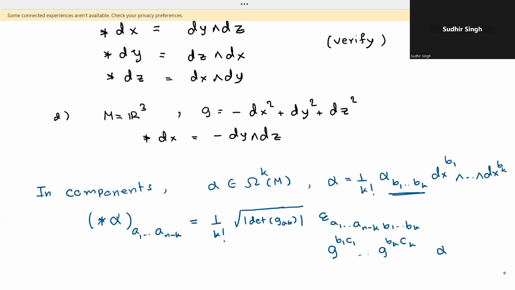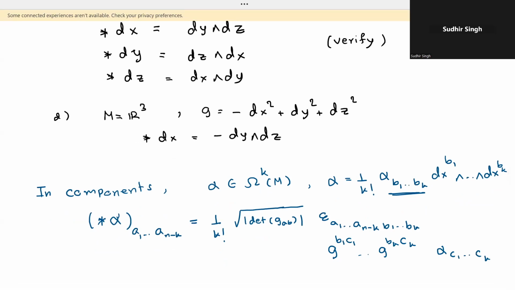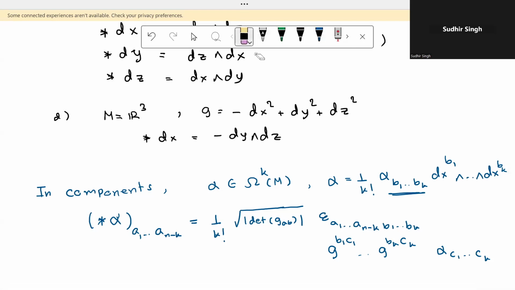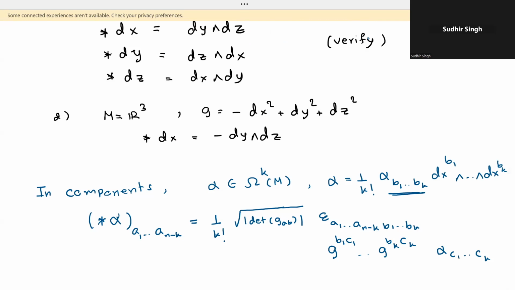So the components of the Hodge dual are related to the components of alpha in this way. I'm writing it out because when I want to write the Yang-Mills equations out in coordinates, we can use this formula to write it down.